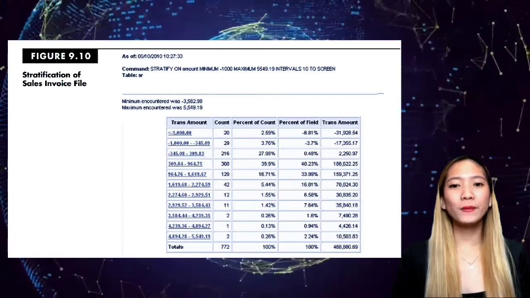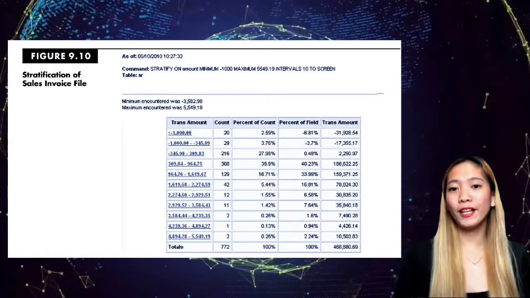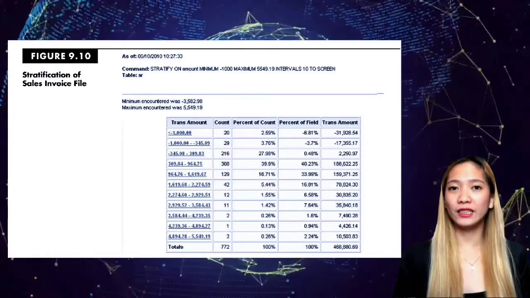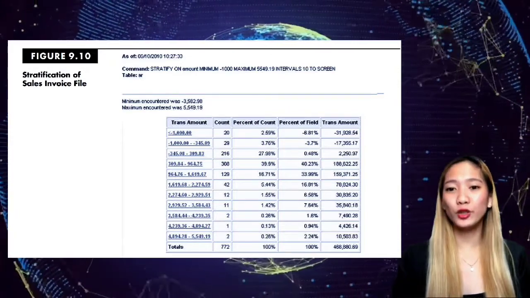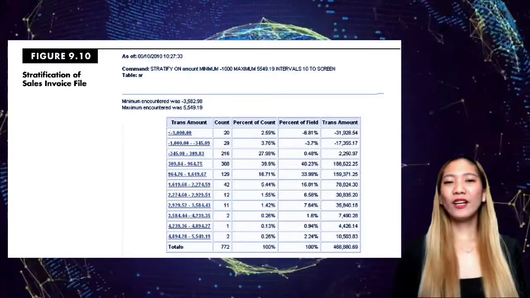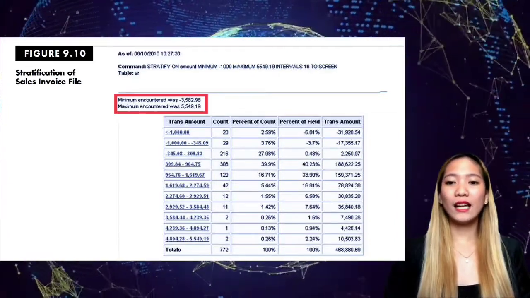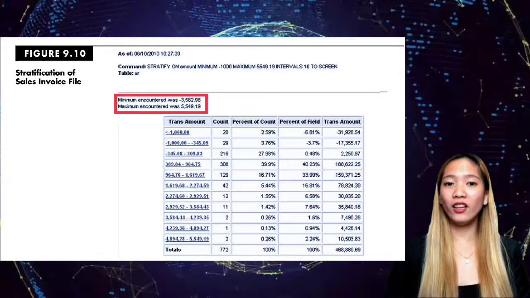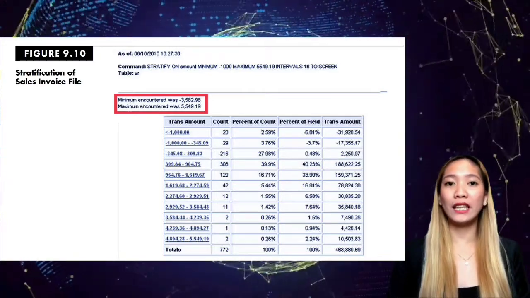The report groups the invoice amount field into 10 intervals based upon the upper and lower limits of the data in the field. Analysis of the results allows the auditor to identify unusual trends and exceptions. For example, the minimum invoice amount was negative $3,582.98 and the maximum was $5,549.19.